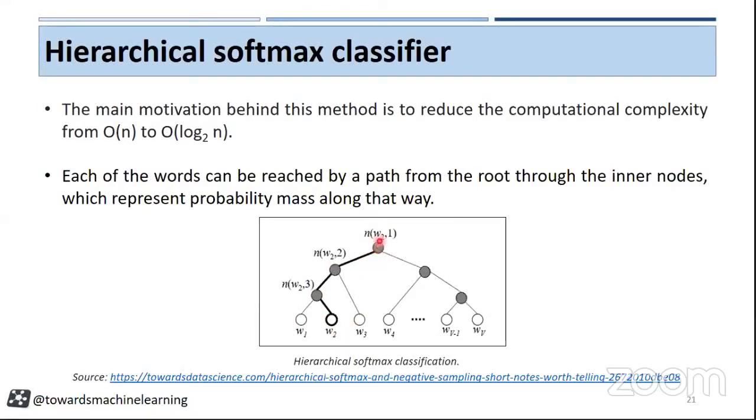At this node you find the probability of whether the word is in this subtree or that subtree. Here you get the higher probability on the side where it is present. Then you move down the tree and again calculate the probability at the next node. You do this operation until you reach your word, and the words are located at the leaf nodes.